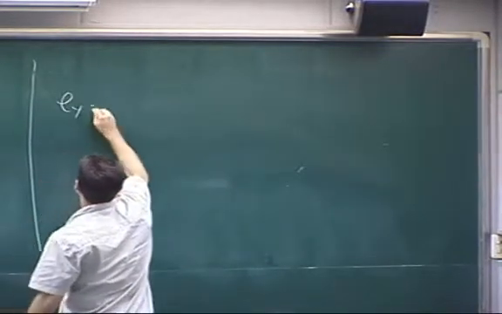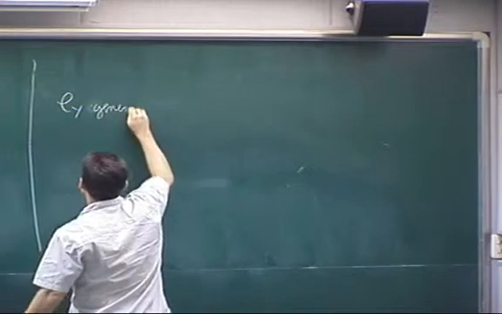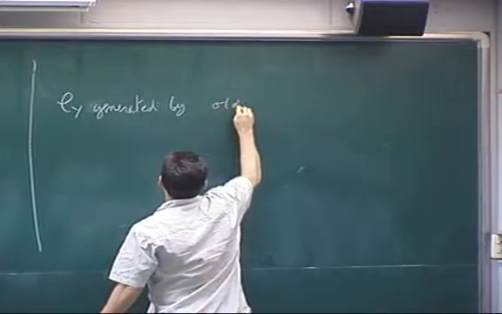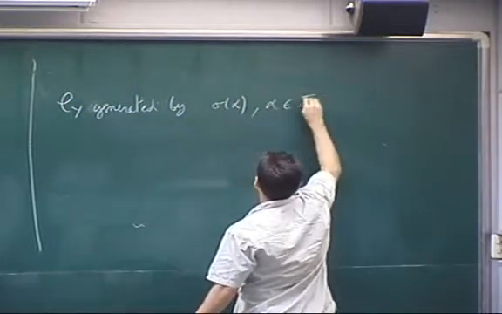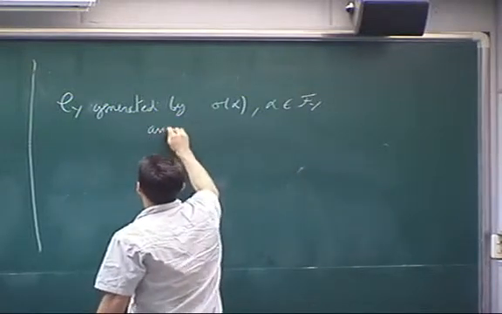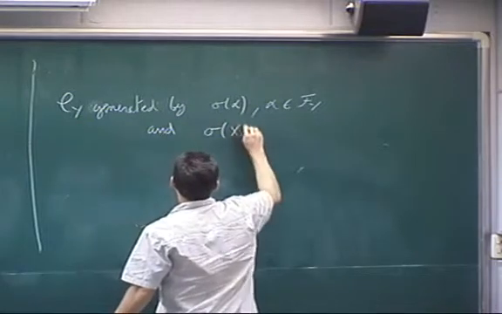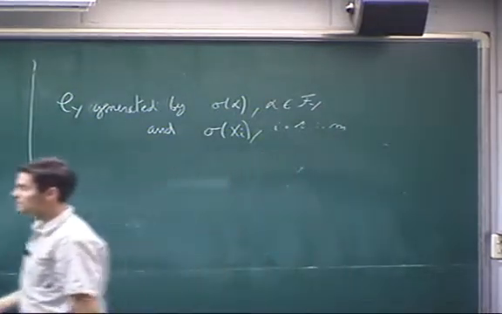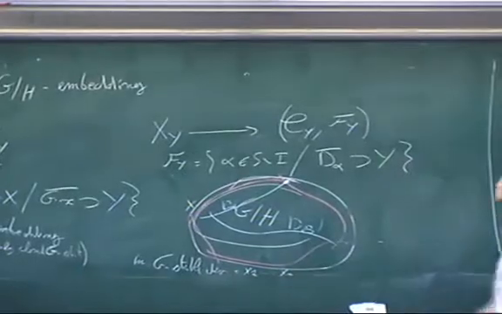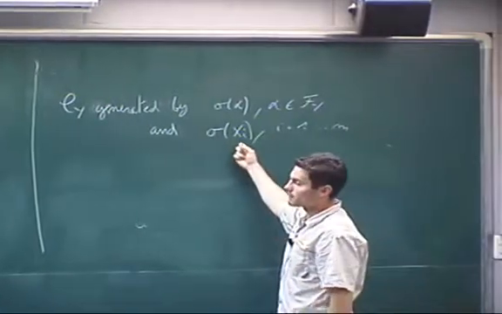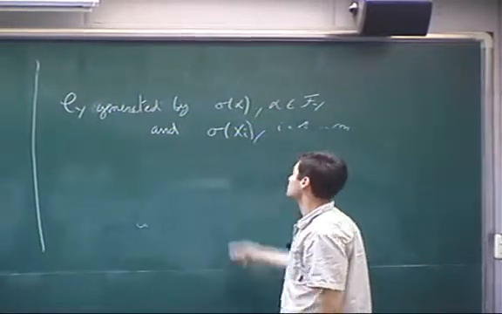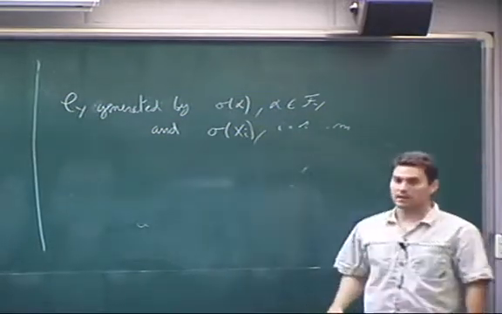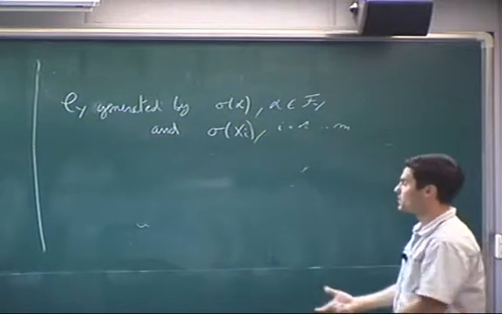C_Y is the cone generated by the images of the colors, sigma of alpha for alpha in F_Y as in the definition, and sigma of x_i for i equals 1 to n. Sigma is also defined for G-stable divisors in X, so we also have images of these divisors in N, and we take all sigma alpha and all sigma x_i to generate a cone.